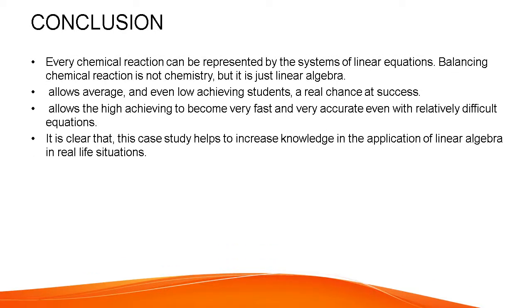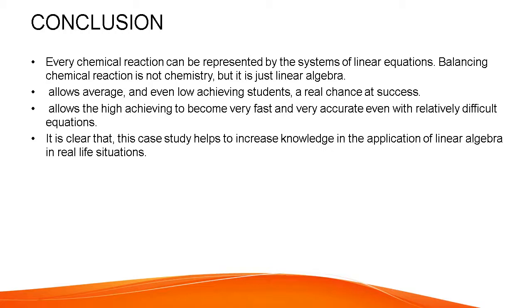As the conclusion to this case study, every chemical reaction can be represented by systems of linear equations. Balancing a chemical reaction is not chemistry, but just linear algebra. This study shows that every chemical reaction is represented by homogeneous systems of linear equations only. This allows average and even low achieving students a real chance at success.